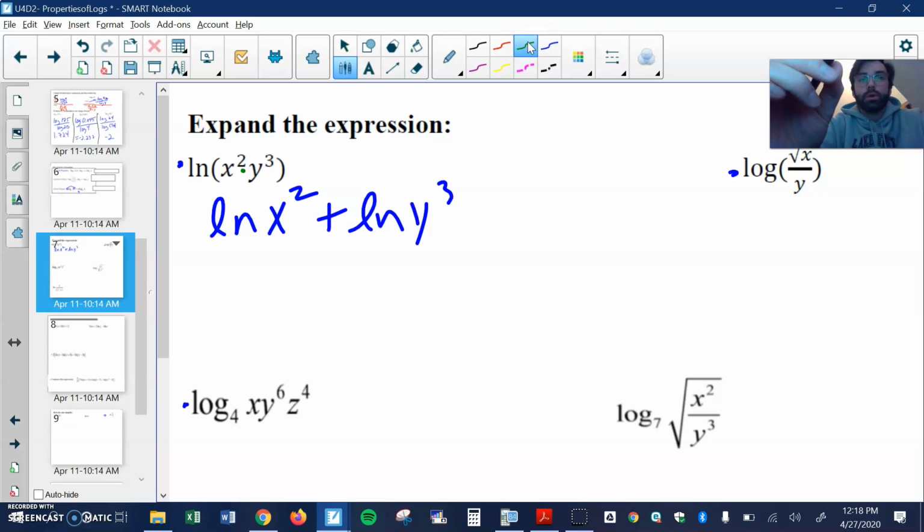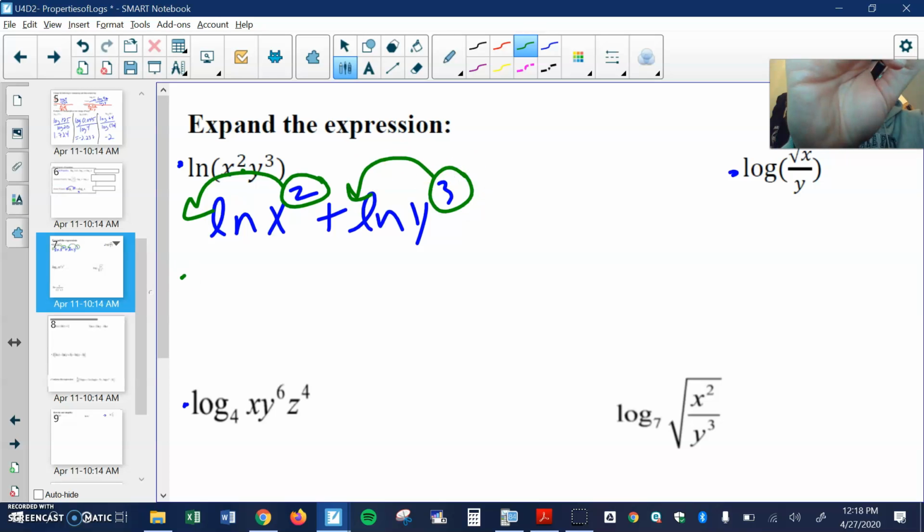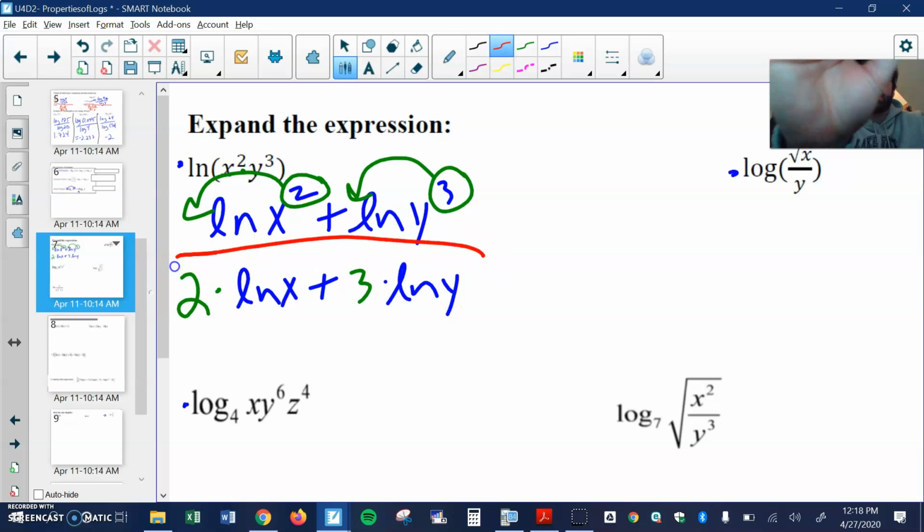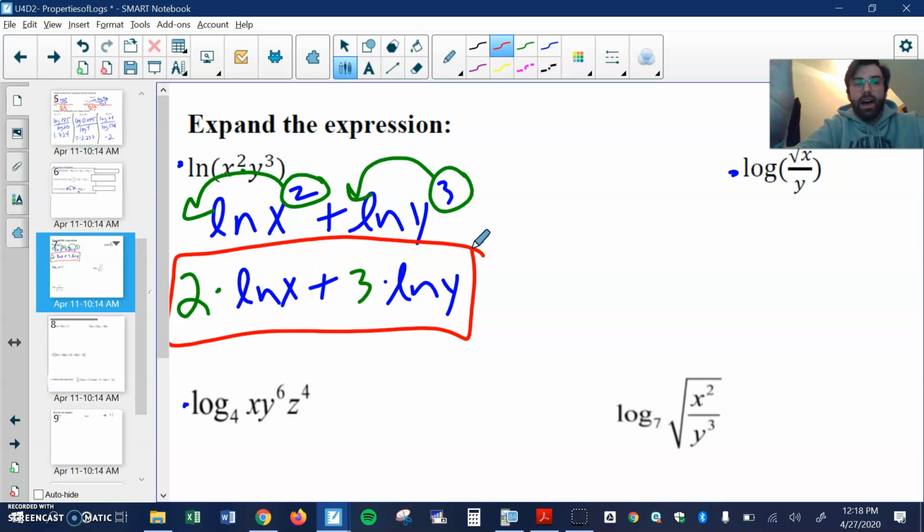Well, I have exponents attached to each of these. So with an exponent, I can take each exponent and drop it like it's hot. So it's 2 times the natural log of x plus 3 times the natural log of y. And then I would leave my answer like that. You don't want to write it as 5. You just want to leave it. Okay?